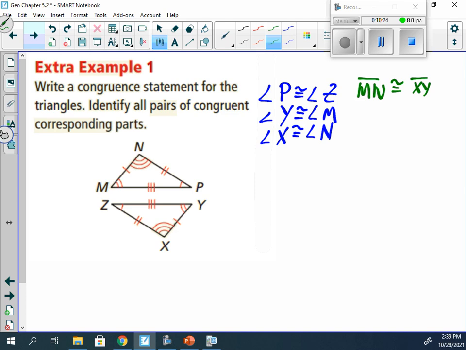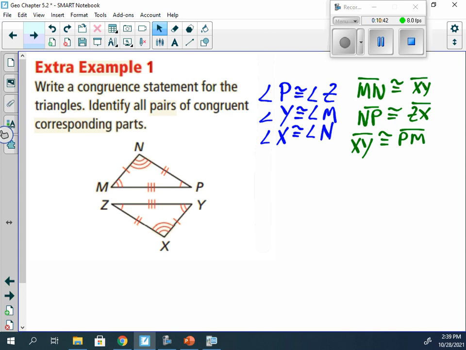Another line segment, NP would be congruent to ZX. Because NP and XZ, because both lines have two marks on it, two hash marks on it.